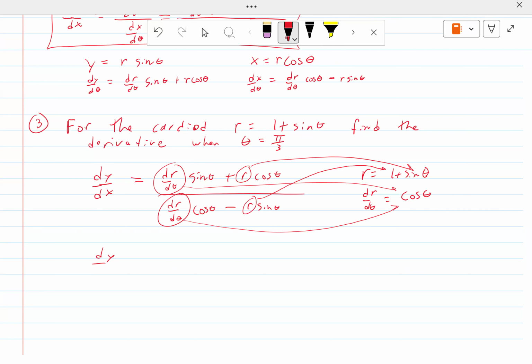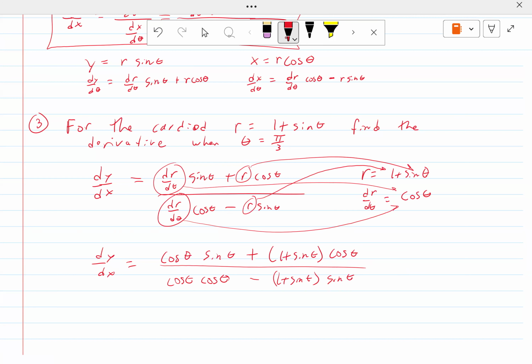So dy dx is equal to cosine theta sine theta plus r, which is 1 plus sine theta, cosine theta, all over cosine theta minus 1 plus sine theta sine theta.